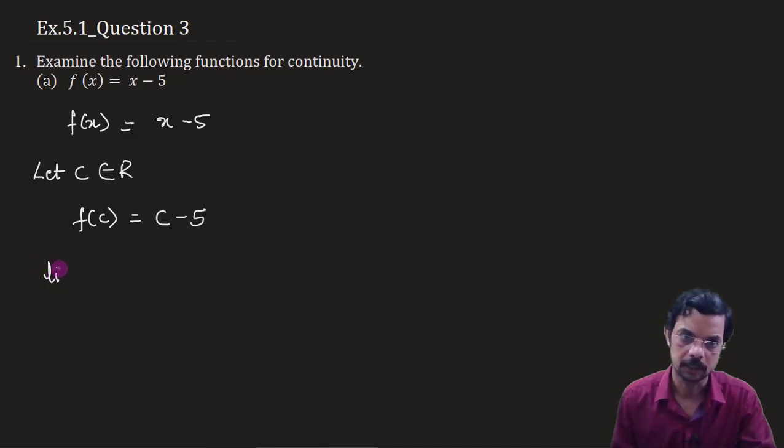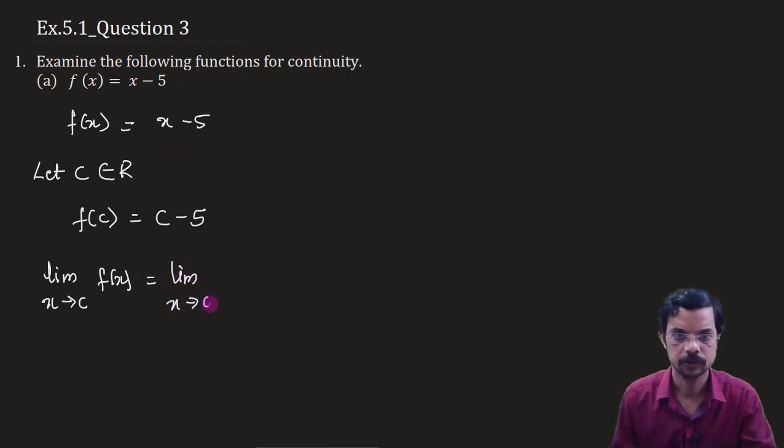Limit x tends to c of f of x is limit x tends to c of x minus 5, and that gives you c minus 5. So here, very clearly, this is equal to f of c.